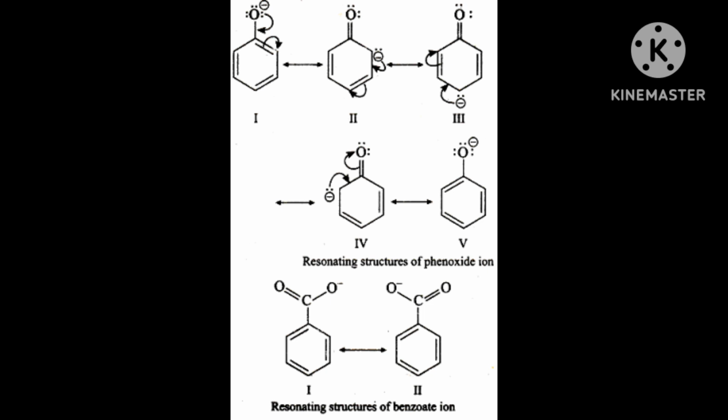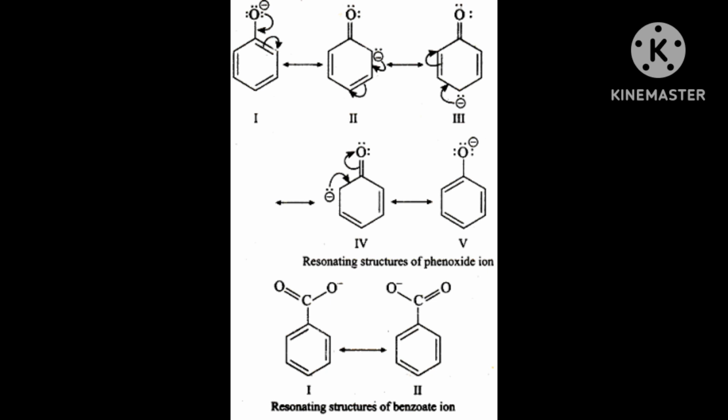Now this structure you consider as structure 1. Here O is attached, having three lone pairs of electrons, and it is negatively charged. This oxygen and carbon bond is near the double bond of the benzene ring.